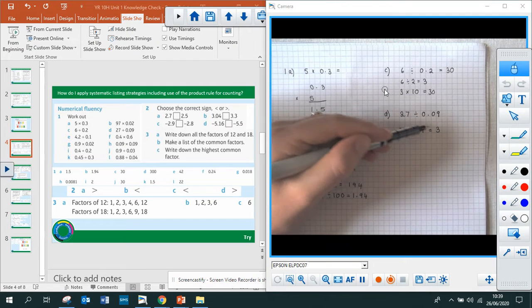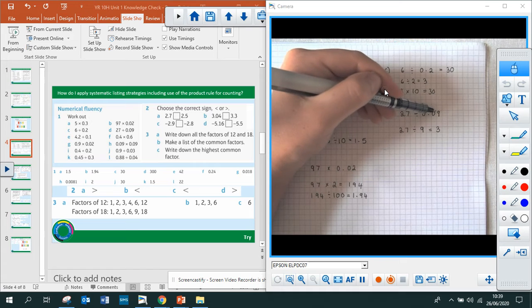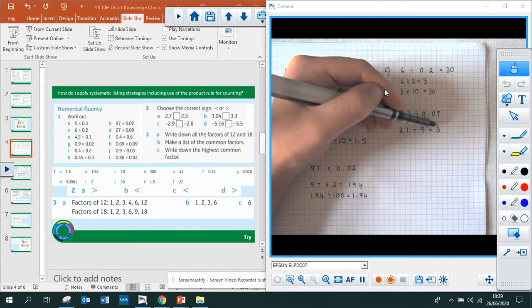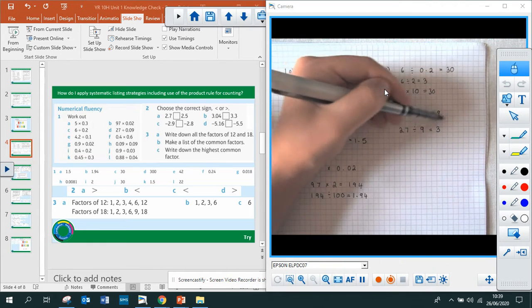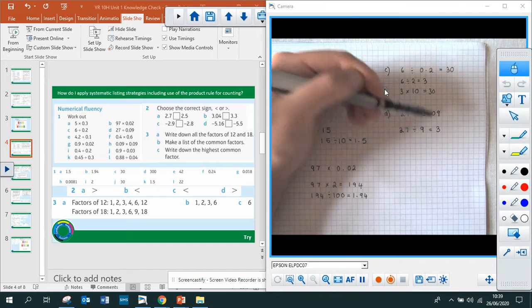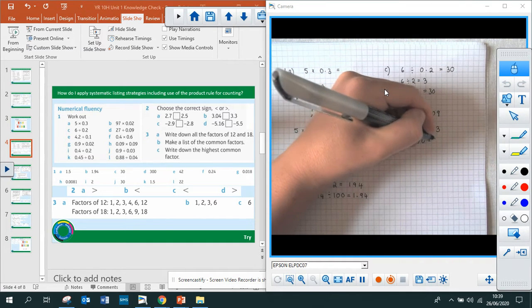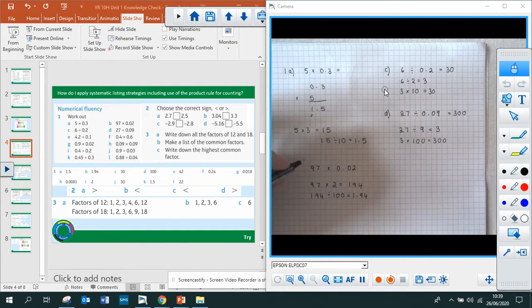So that means 3 9s go into 27. 0.09 is 100 times smaller than 9, therefore I need to make my answer 100 times bigger, because 100 times more of them are going to fit into 27 than 9 did. So 3 times 100 is going to be 300. The answer is 300.